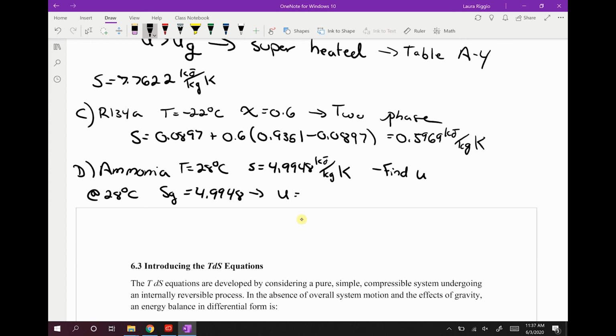So my internal energy is going to be equal to ug because I'm a saturated vapor. So my answer is 1,336.2 kilojoules per kilogram. In our next lecture, we're going to introduce the T dS equations.